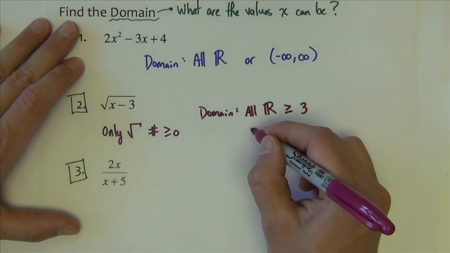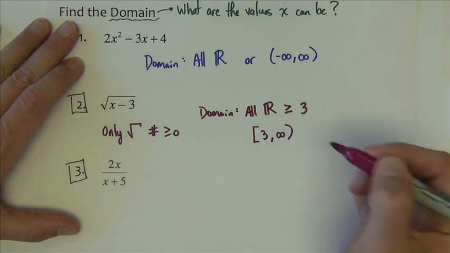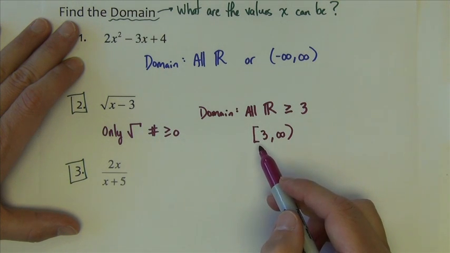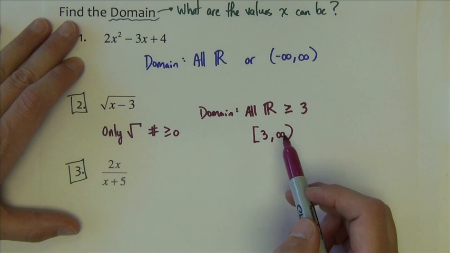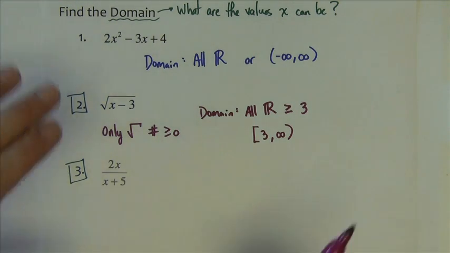A better way to write it would be with interval notation, 3 to infinity. The square bracket on 3 means we can include the 3. So x can be 3, anything towards infinity, anything bigger than 3.